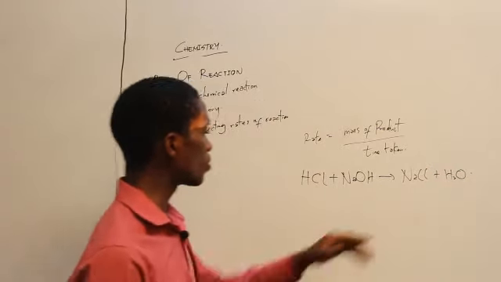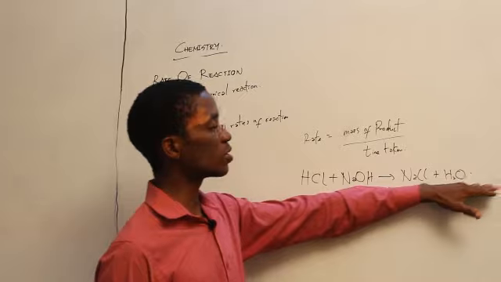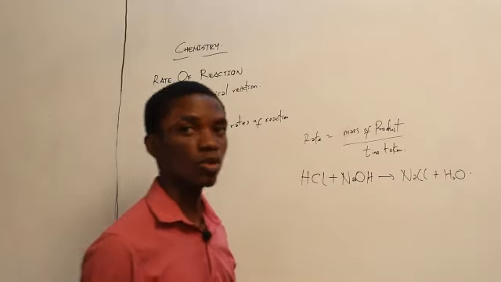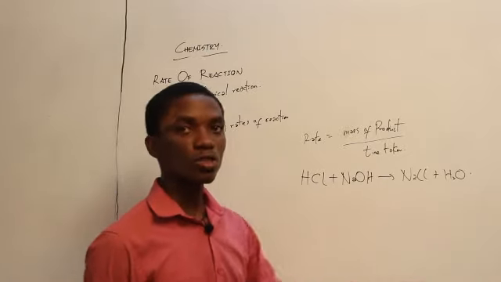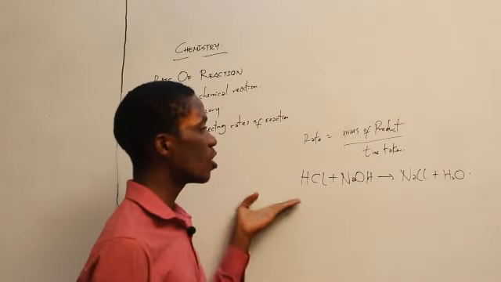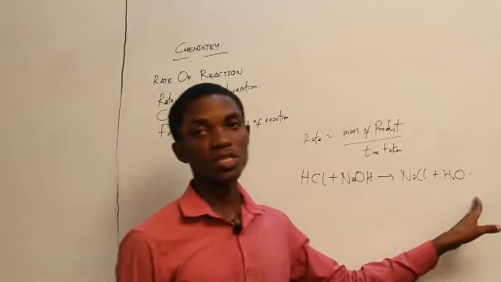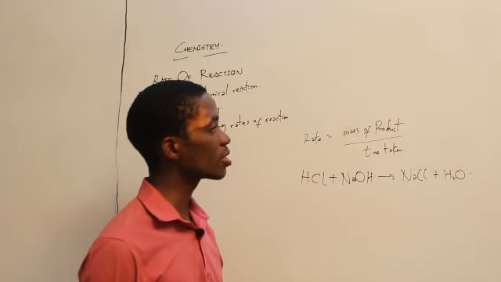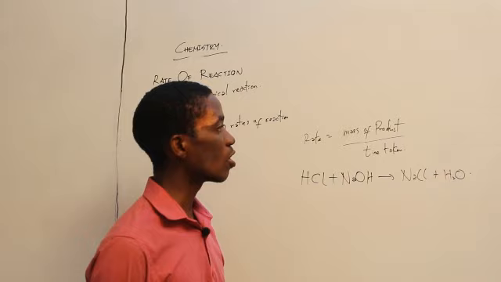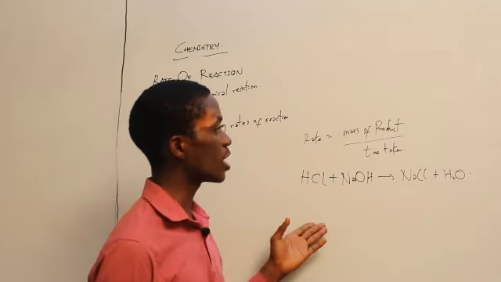As the reactants are changed, they are changed to the products. So how much of this is disappearing, or how much of this is being created? That's how to measure the rate of reaction.